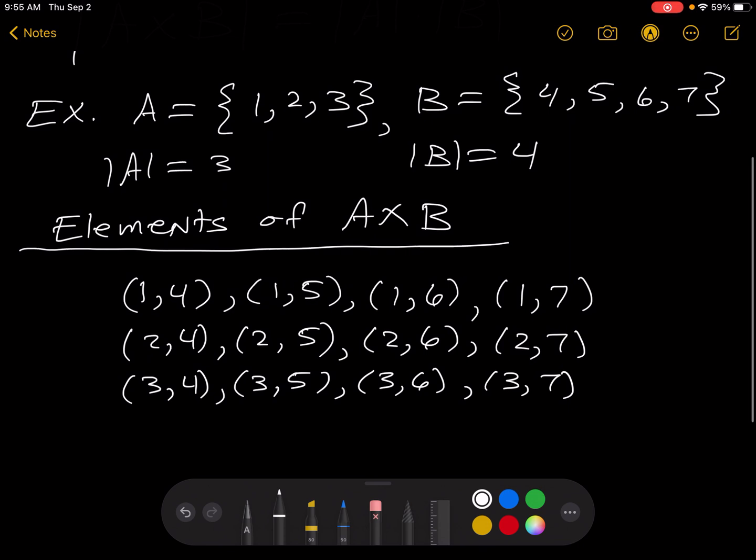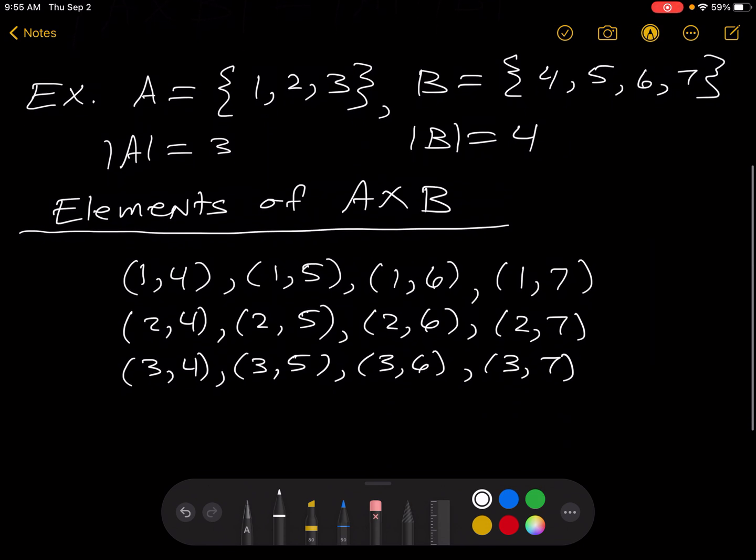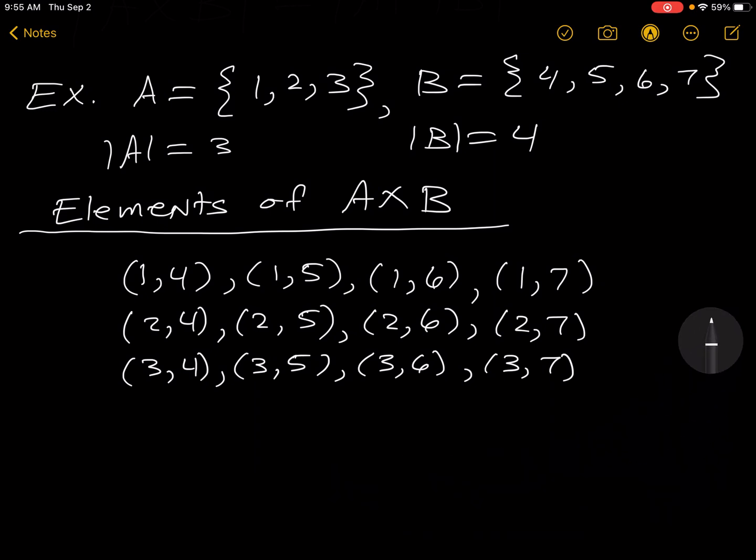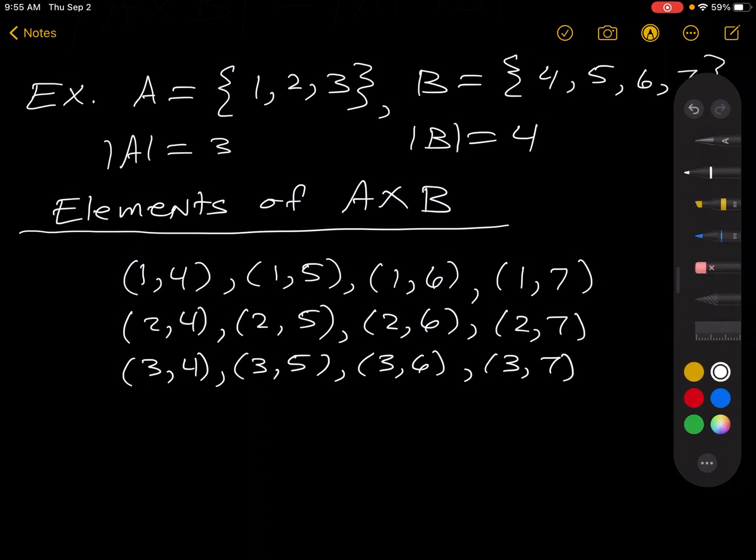Now, why is there 12 of them? Sure, you might say, okay, well, there's 12 of them because I counted them. But that's not why there's 12 of them. Before we talk about that, let's first verify that our formula is correct.